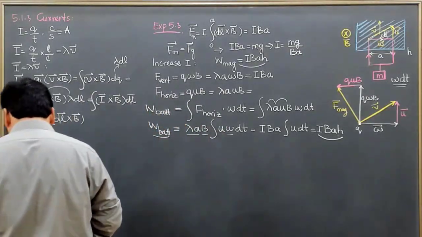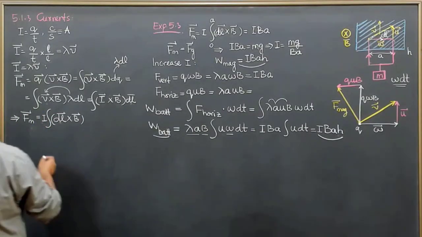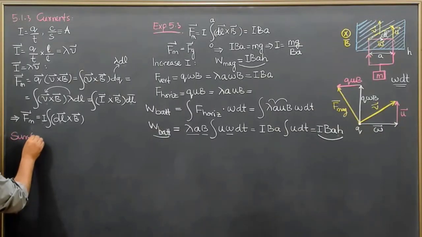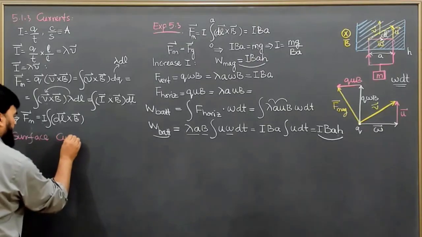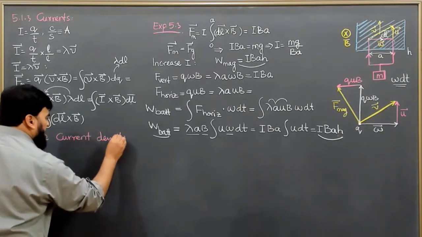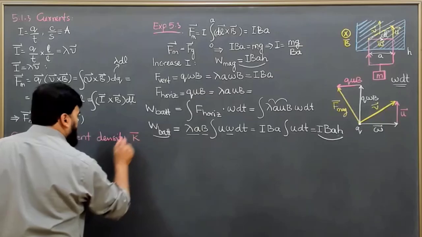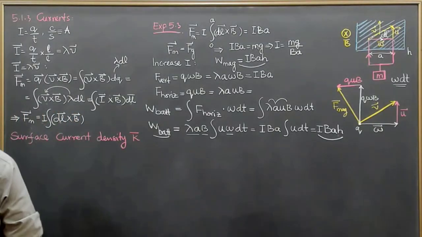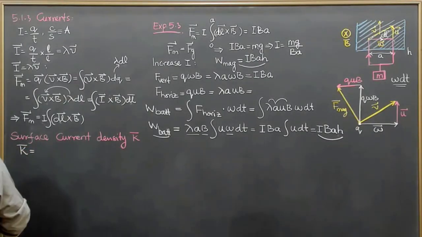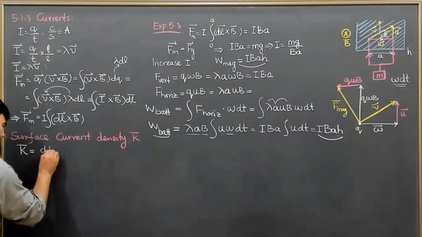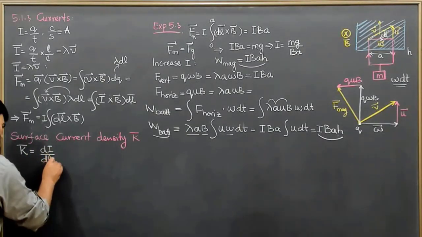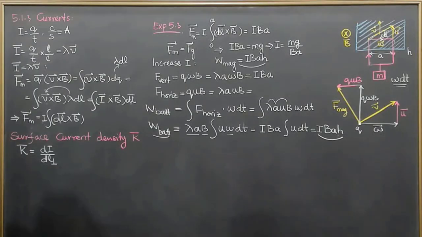Then for the surface current, which I call the surface current density, which we represent with K, a vector quantity, the surface current K is basically equal to the current per unit length, dI over dl perpendicular.